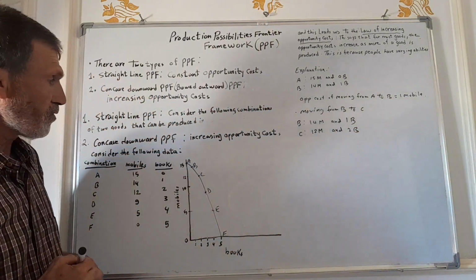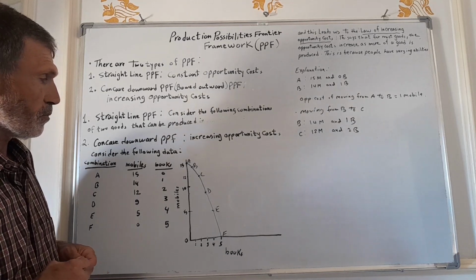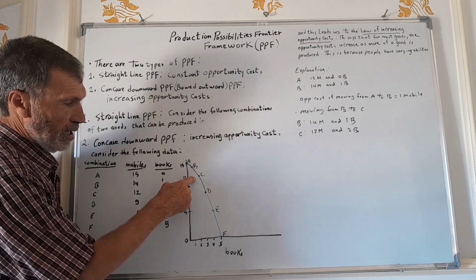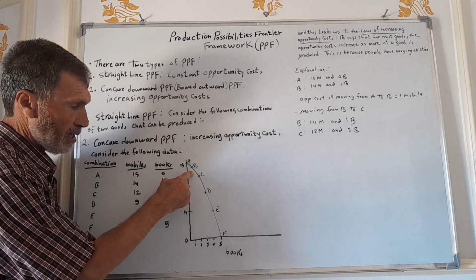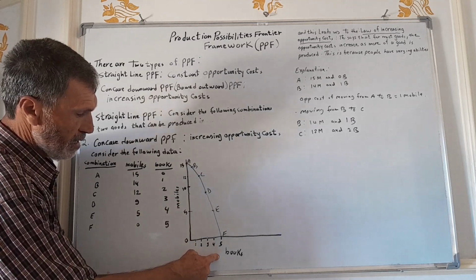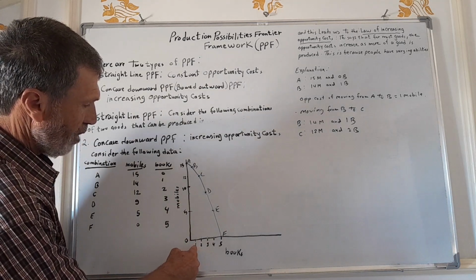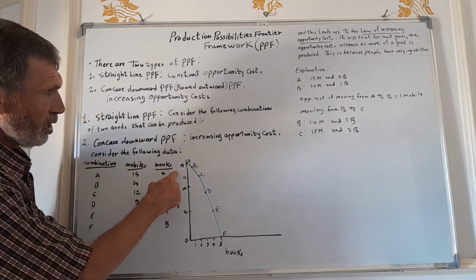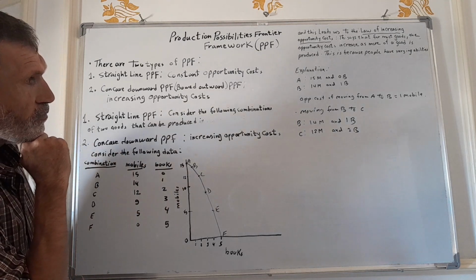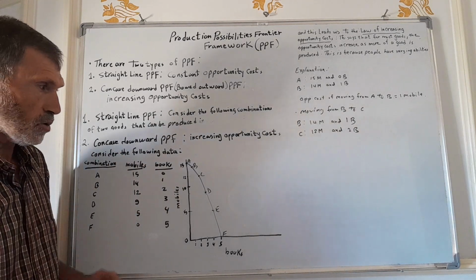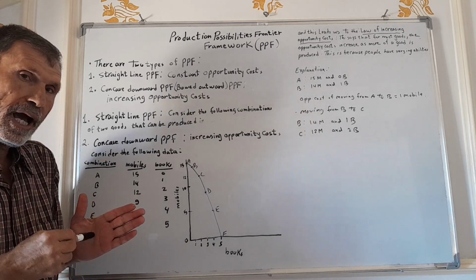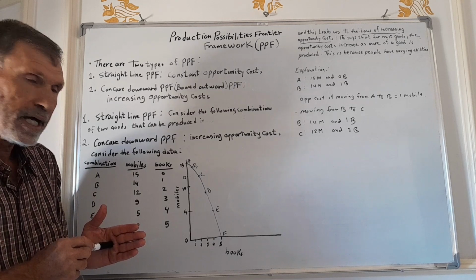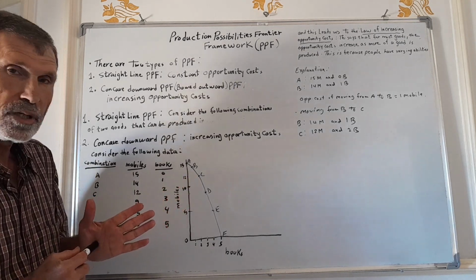So as you move from B to C, we see an increase in the production of books from 1 to 2, and a decrease in the production of mobiles from 14 to 12. So what the company has to forfeit to produce 1 additional unit of books as you move from B to C is 2 mobiles.